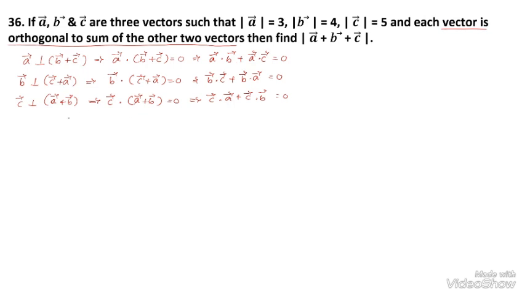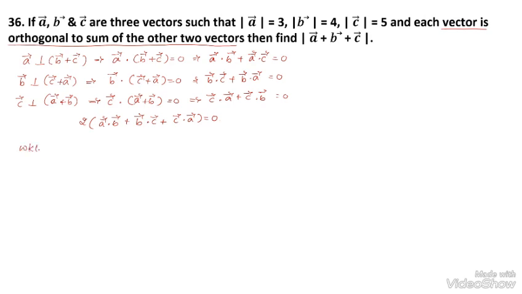Simply by these results, I can write 2 times (vector A dot vector B plus vector B dot vector C plus vector C dot vector A) is equal to 0. Okay, let's move on to the next step.